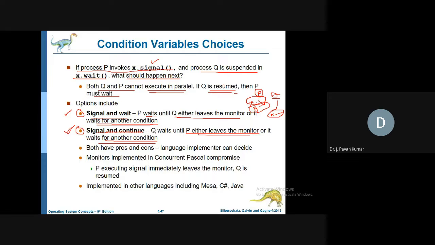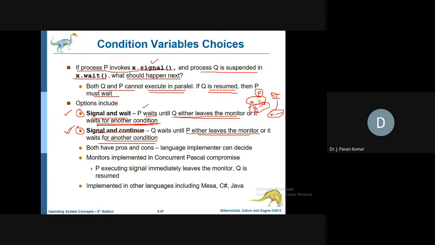But P will have several alternatives: P may be waiting until Q leaves the monitor, which is the straight option, or it waits for another condition. If it is on another condition, it is in a suspended queue, then it will be waiting. That is signal and wait.